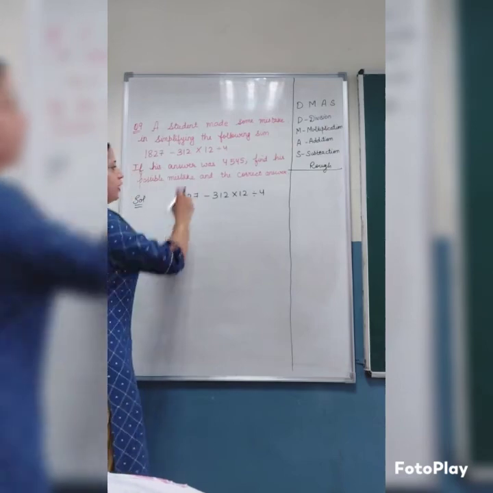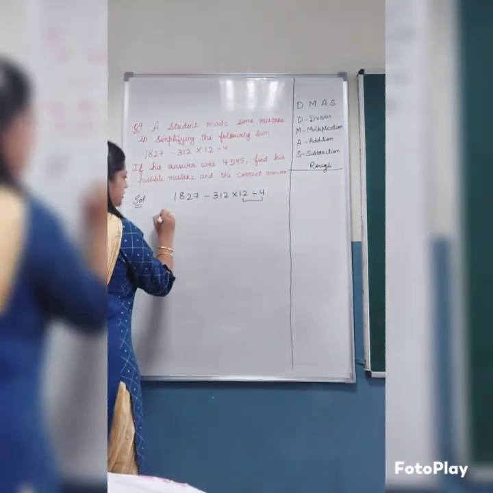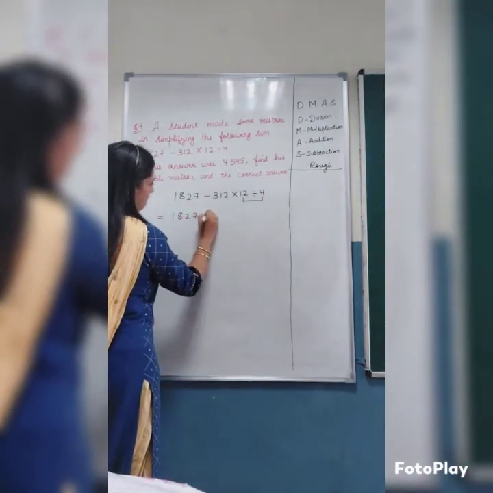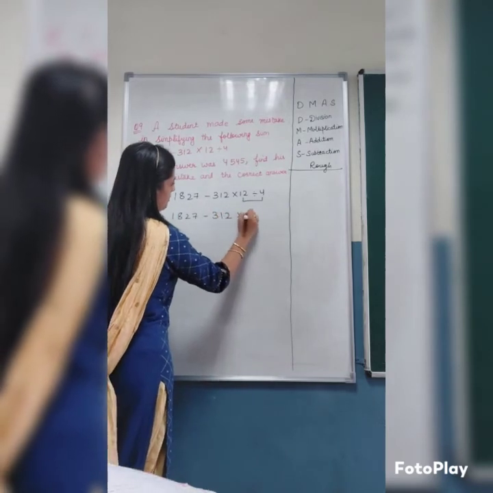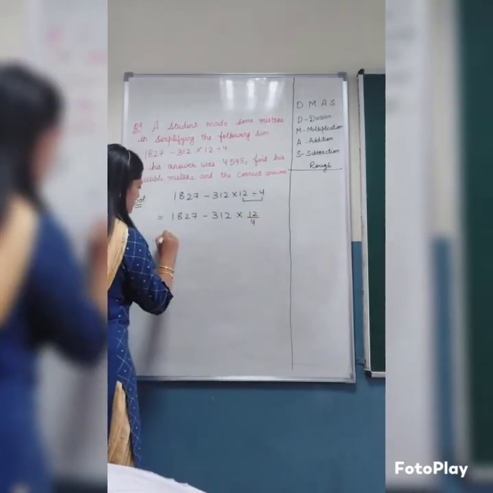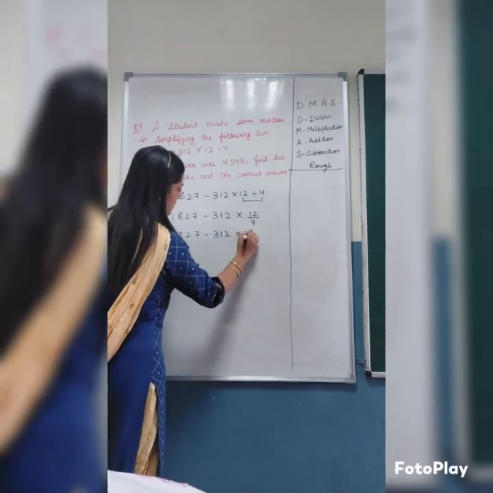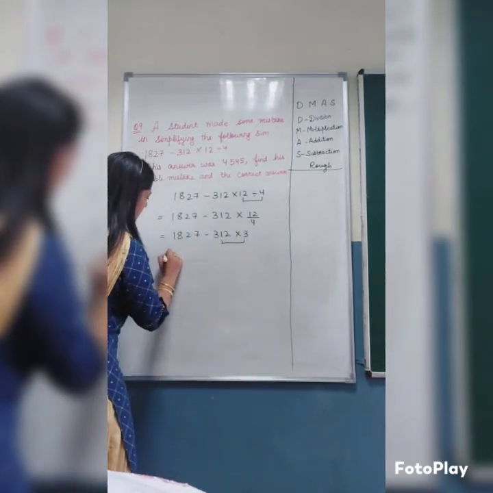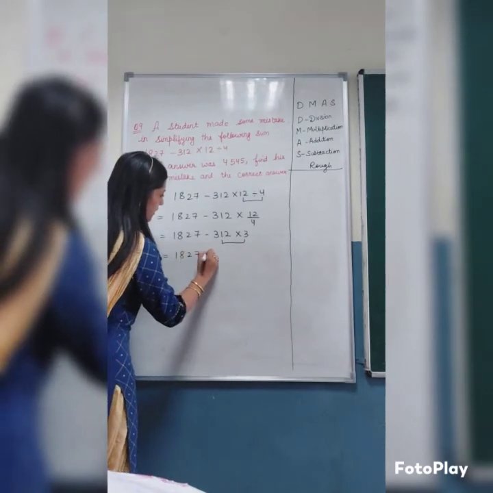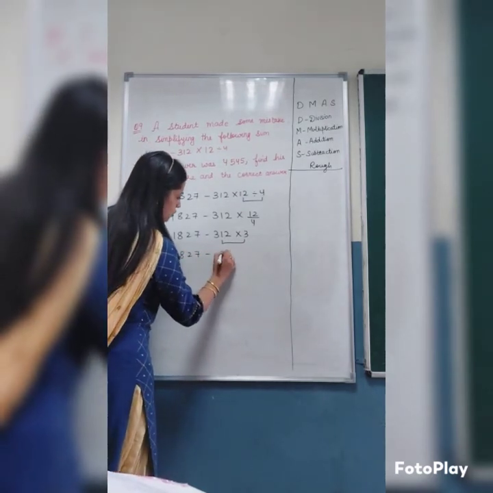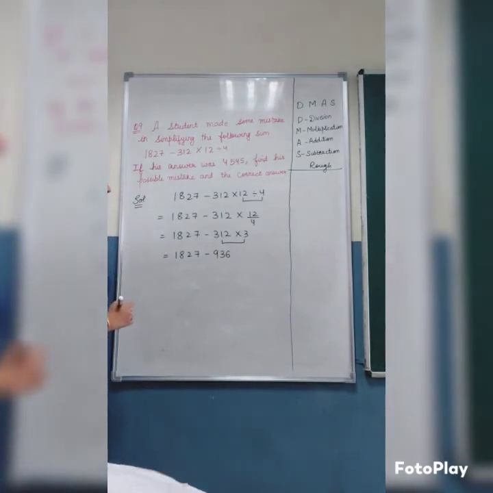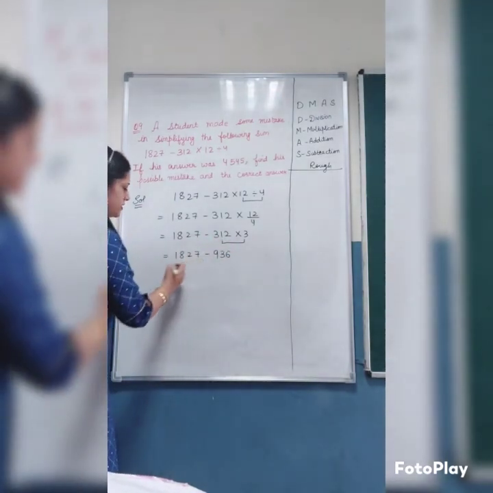First of all we have to divide: 12 divided by 4 is 3. After that we multiply it with 312, so the answer is 936.